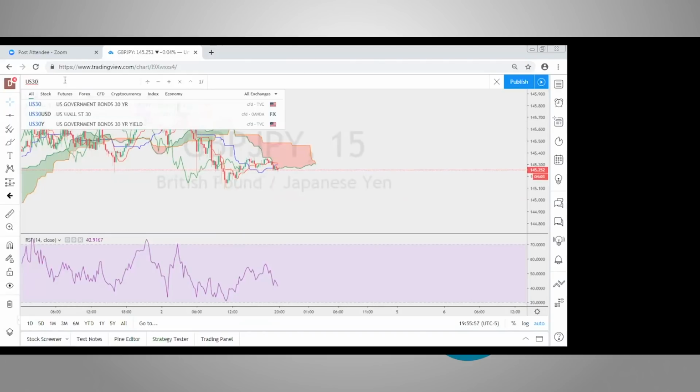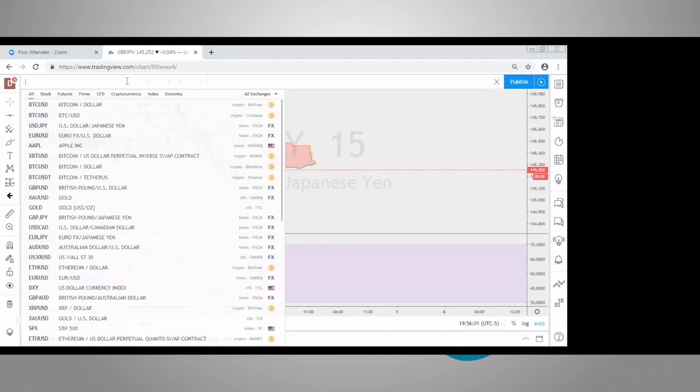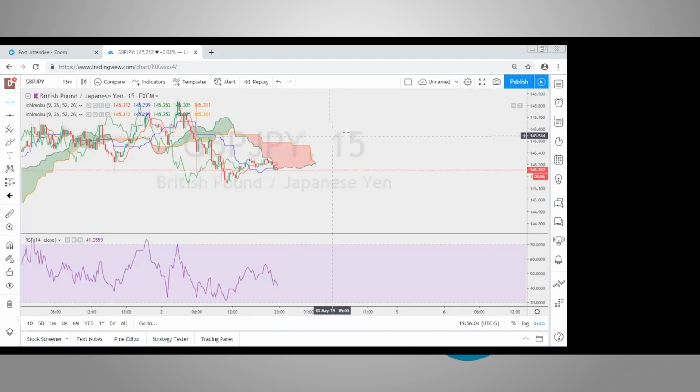So it really doesn't matter. There'll be slight differences in the spreads and stuff like that. But since we're not trading out of TradingView, it still just gives you a general idea of what you're looking at. And the numbers are not that much off.